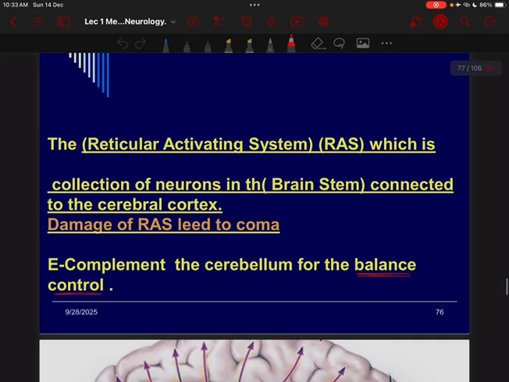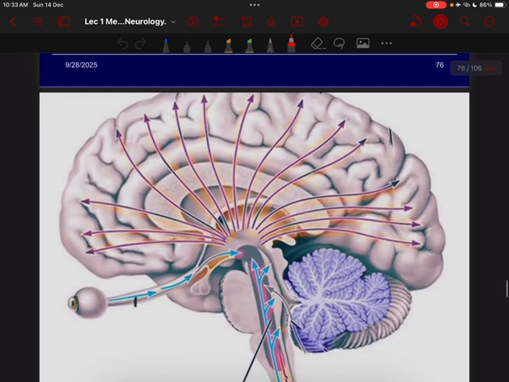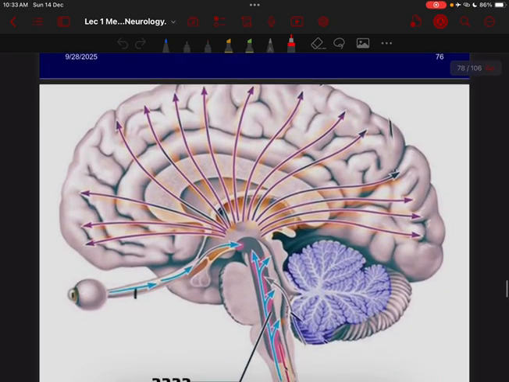So the RAS عبارة عن collections of neurons in the brainstem. Okay. This is the brainstem, and this is the stimulus going up to the cerebral cortex. If it is on, the patient is conscious. When it is off, the patient is asleep. Sleep wakefulness.